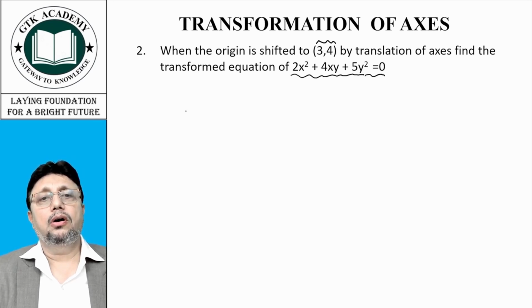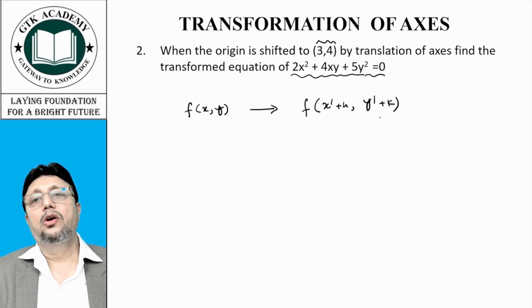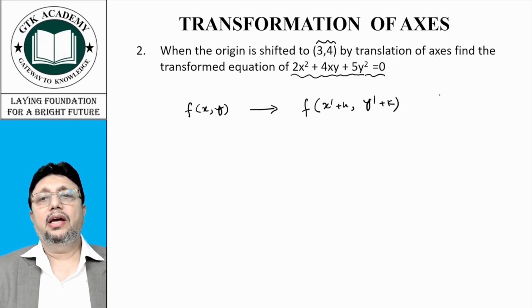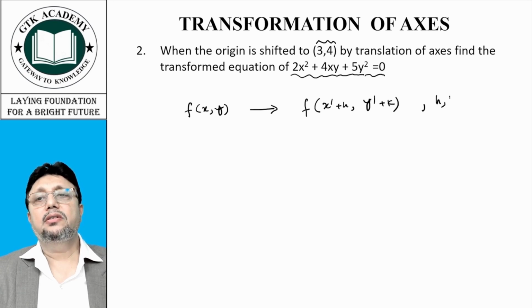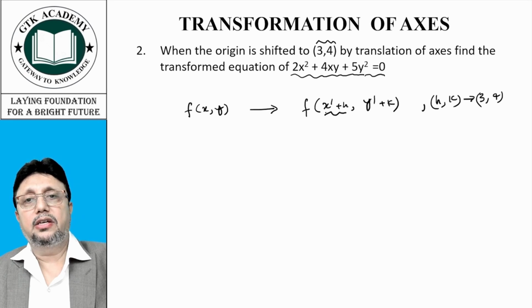So if f(x, y) is the equation, this gets changed to f(x dash plus h, y dash plus k). So our (h, k) here is given as 3 and 4.